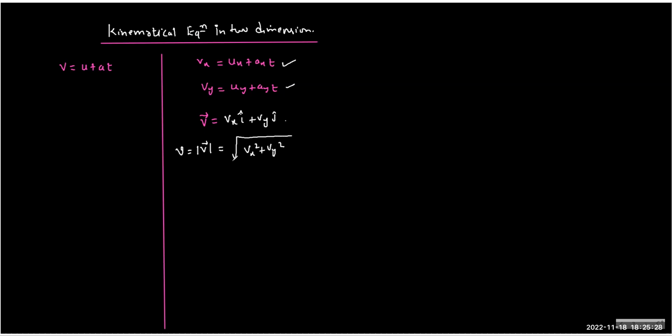So in one dimension, that was not the issue because only one equation was sufficient, isn't it? But now you have to be very careful. And not only that, because we are solving questions of velocity, and because you have two components of velocity, Vx and Vy, I'm just doing hypothetically, let's say if this is Vx, then this is Vy.